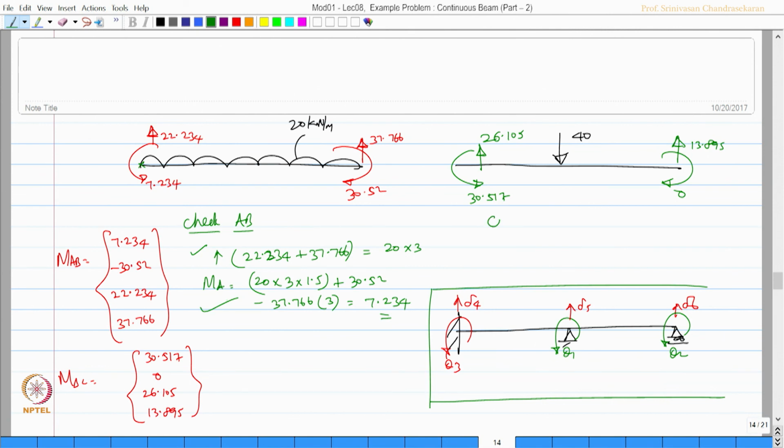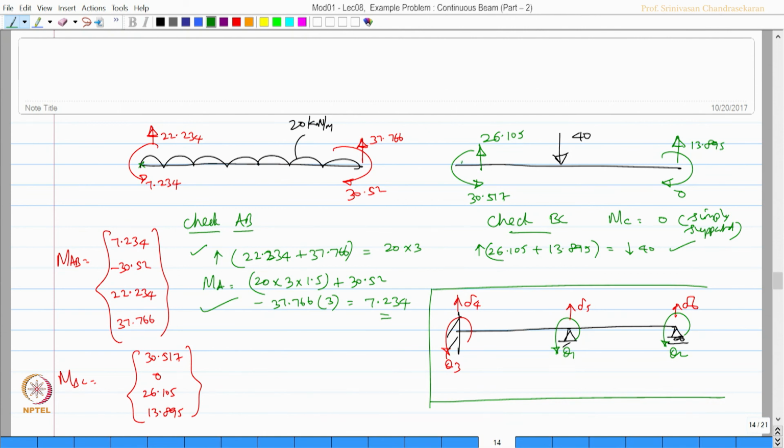If you look at span BC, you see MC is 0 because it is simply supported. Okay. So, the reaction 26.105 plus 13.895 is actually equal to downward reaction of 40. So, it is checked. Okay.